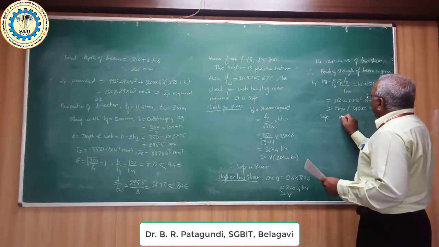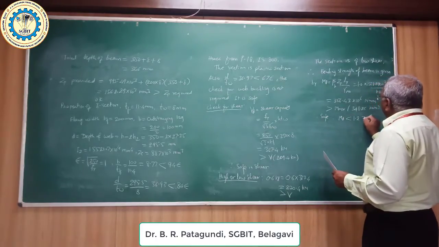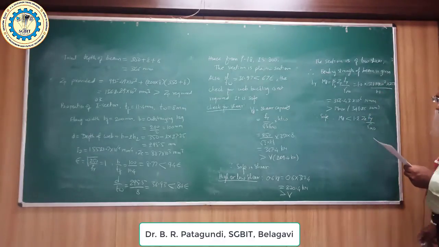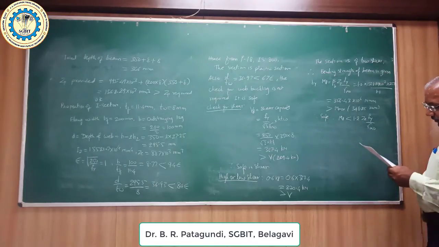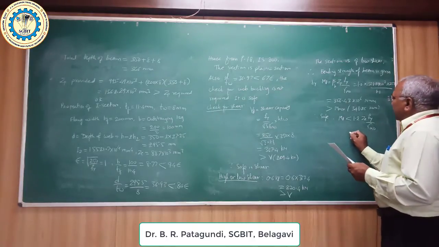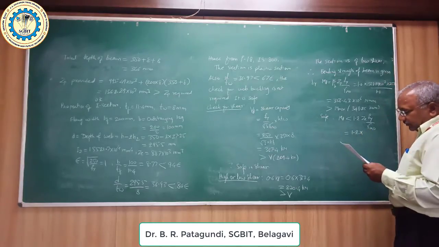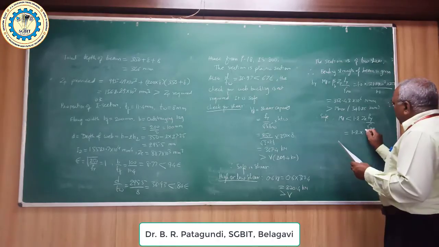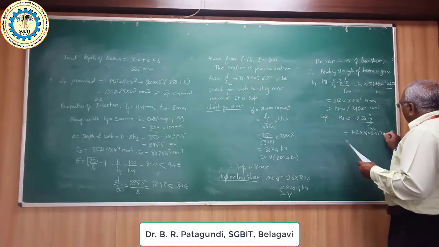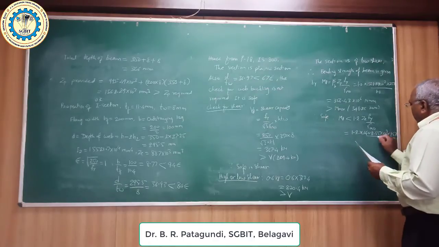But MD should be less than 1.2 into ZE into Fy divided by gamma MO. So as per the codal provision, the design bending strength of the beam should be less than 1.2 into ZE into Fy divided by gamma MO. So this is equal to 1.2 into elastic section modulus 1408.55 into 10 power 3 into Fy is 250 divided by 1.1.